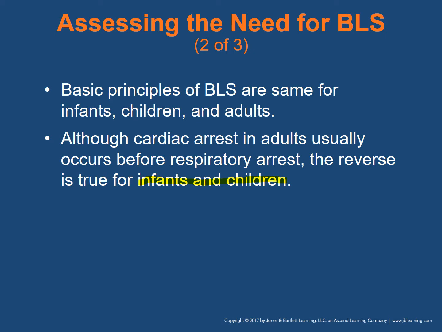So generally, infants and children have well-functioning hearts. If their heart stops, it's usually not a problem with their heart itself. It's usually a problem with the respiratory system not working the way that it should. So it's very important to keep that in mind.